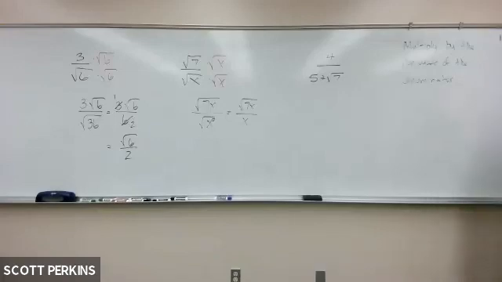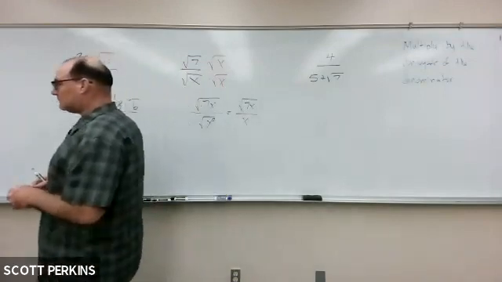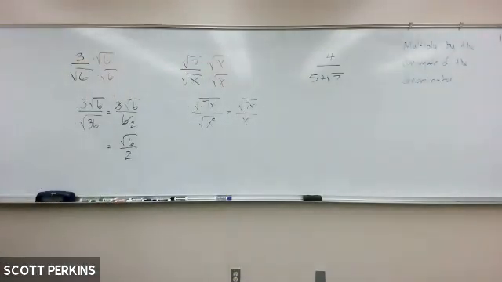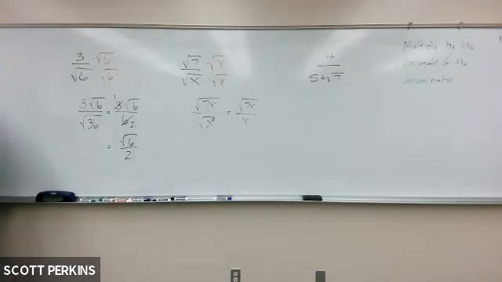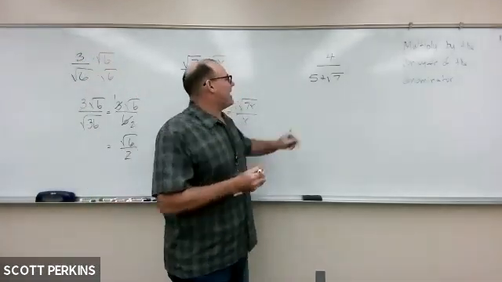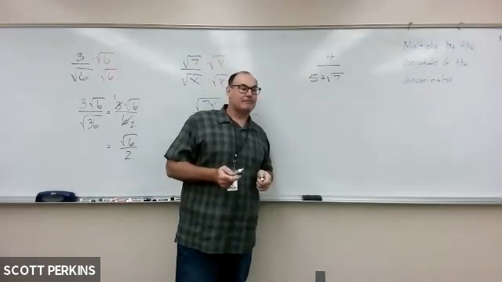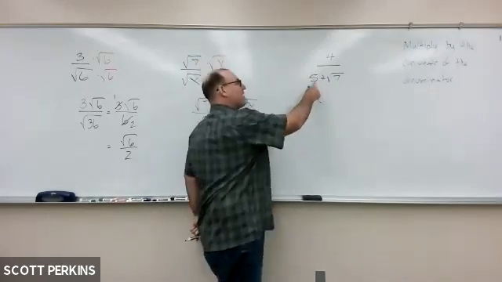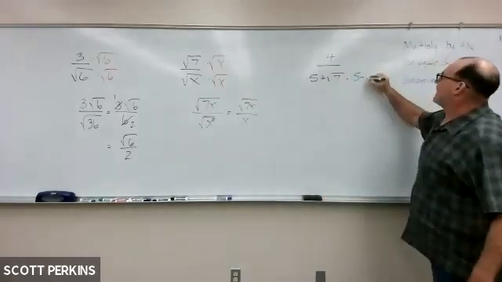Multiply by the conjugate of the denominator. All the conjugate is, all this word means is whatever you have in the denominator, whatever binomial, change the sign in the middle.